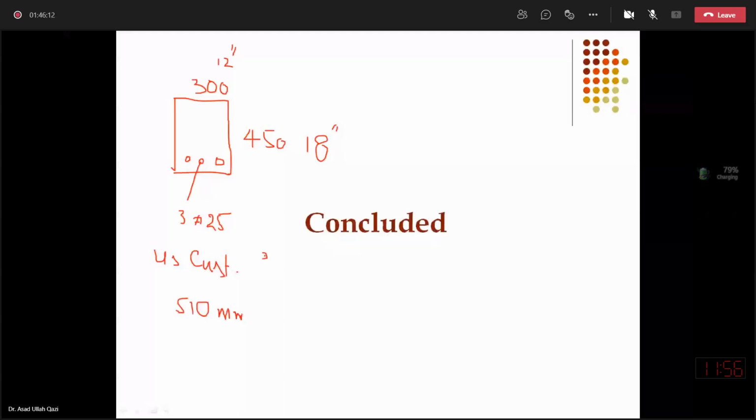Assume that these bars are grade 300. So Fy of these bars is 300 megapascal. Assume concrete in this beam is of grade 20 megapascal.